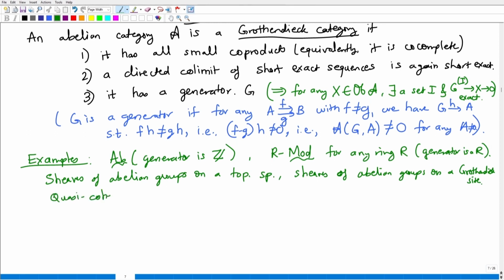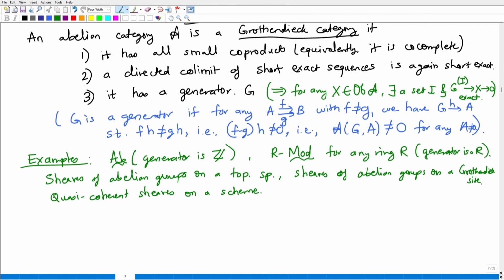Then quasi-coherent sheaves on a scheme. This is also an example of this. See, right now you are asking me for an example of a Grothendieck category, and Grothendieck categories have to be very special. They have to have a lot of properties, and that's actually our next goal.